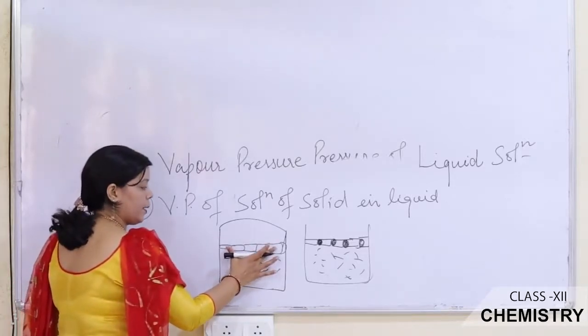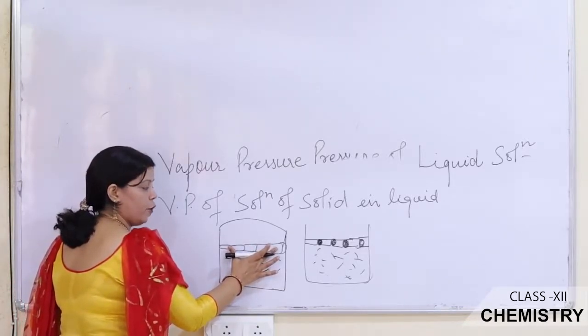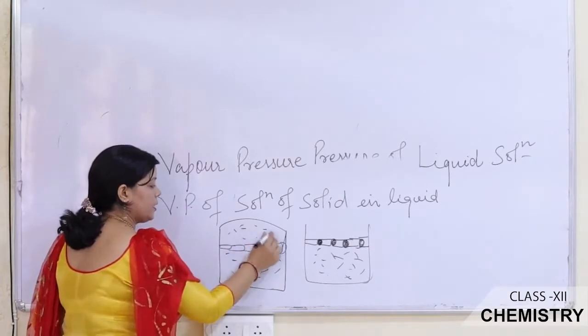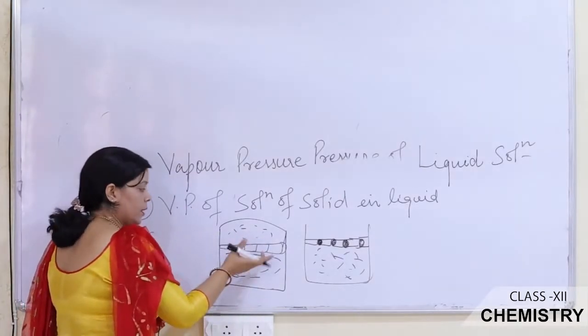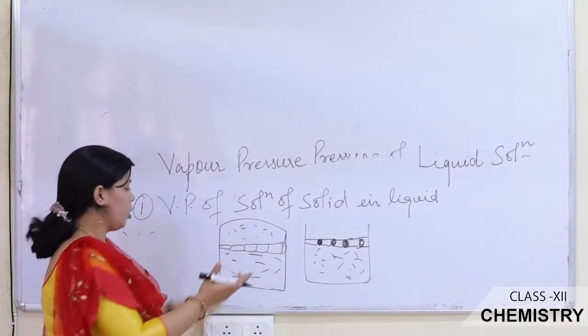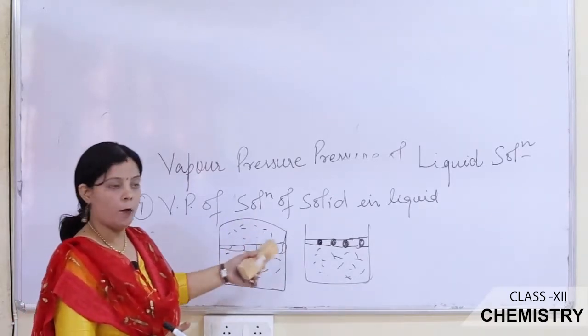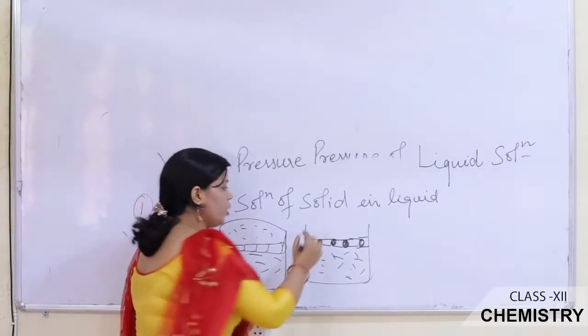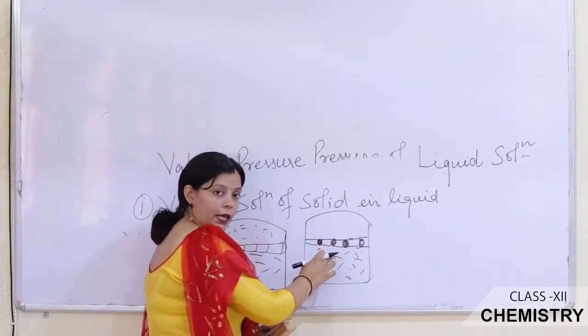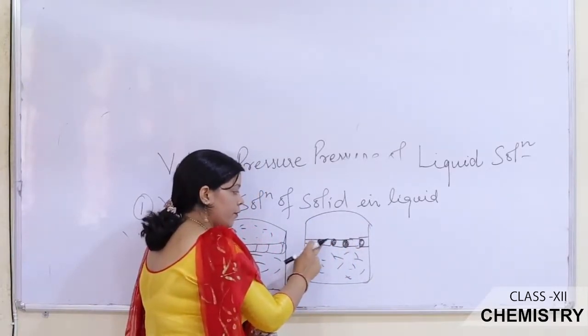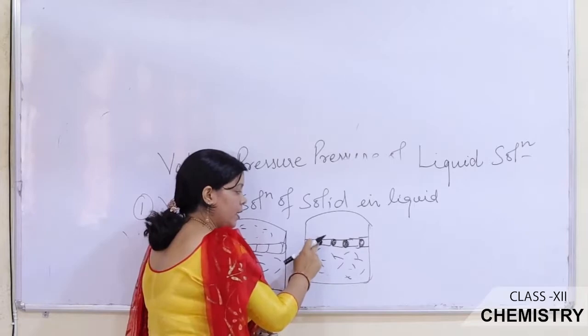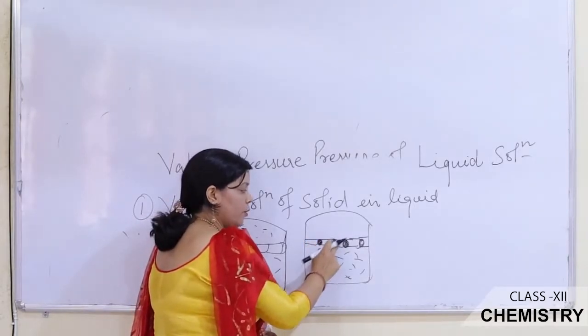In this case, the complete area is available for the evaporation of the solvent, and when the area is more, a greater tendency of the molecules to convert into vapor is observed. Whereas when a non-volatile solute is added to a volatile solvent, some of the places on the surface of the volatile solvent get occupied by the non-volatile solute.